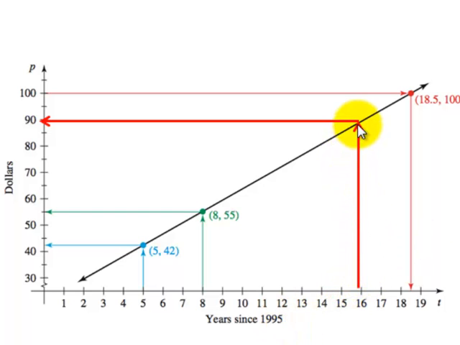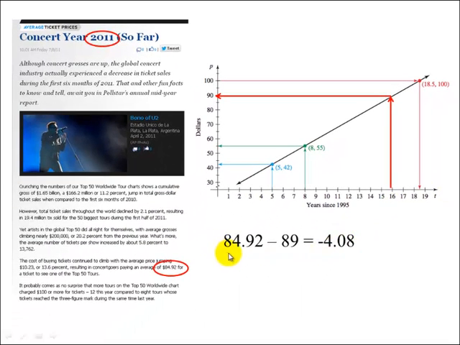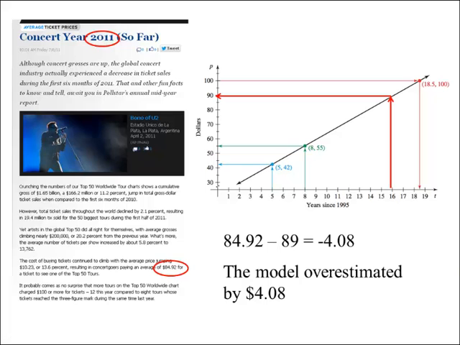So when t is 16, the line is predicting about $89, $90. We'll say 89. Now if we take the actual data point 84.92 and subtract the predicted 89, we get negative 4.08. Now what that tells us is the model overestimated by $4.08.